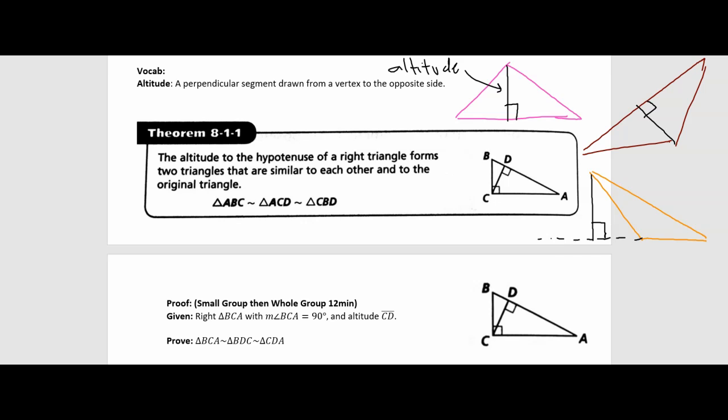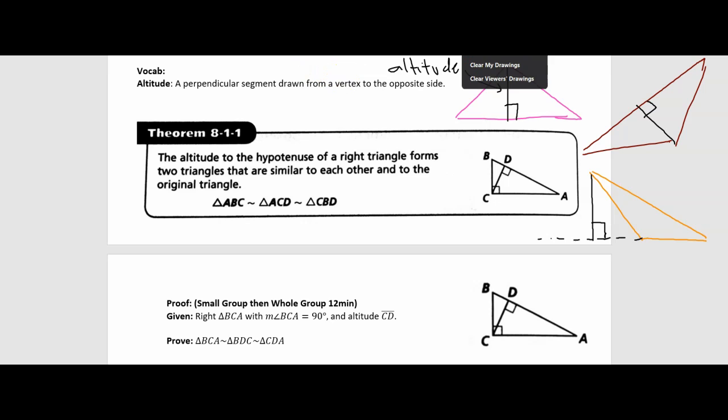We're going to focus on right triangles today, and all of the altitudes will be drawn inside of the triangle. But again, an altitude can be a segment drawn from any vertex perpendicular to the opposite side. And sometimes you'll have to think about extending that opposite side if the altitude is going to be outside of the triangle.